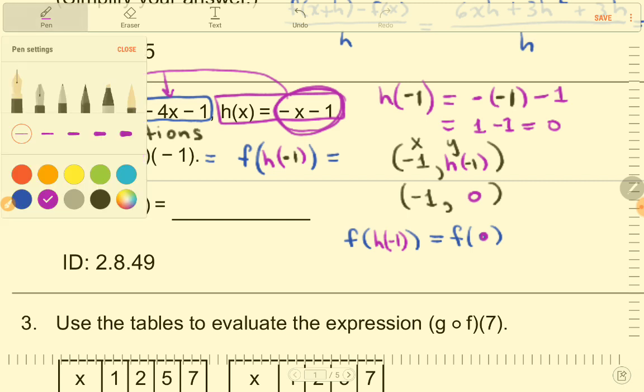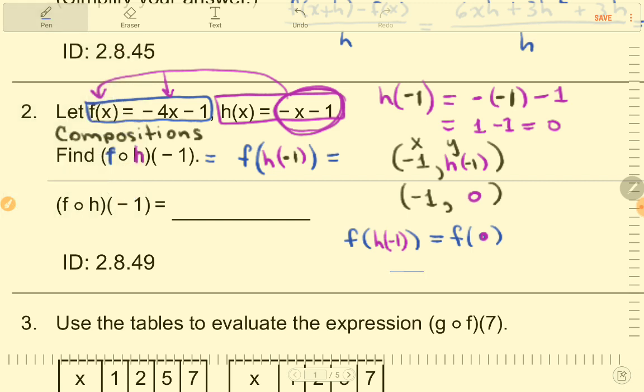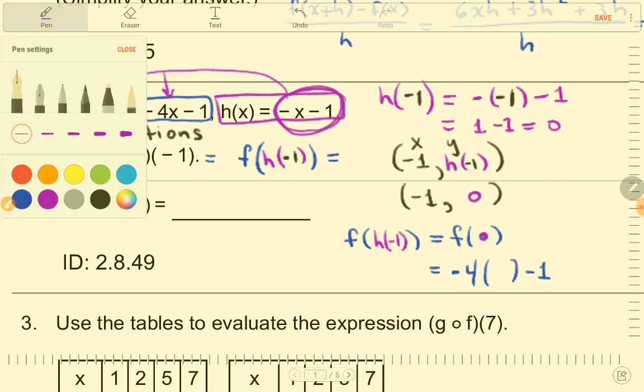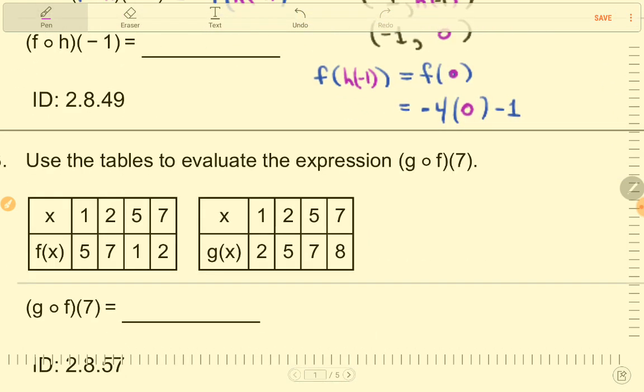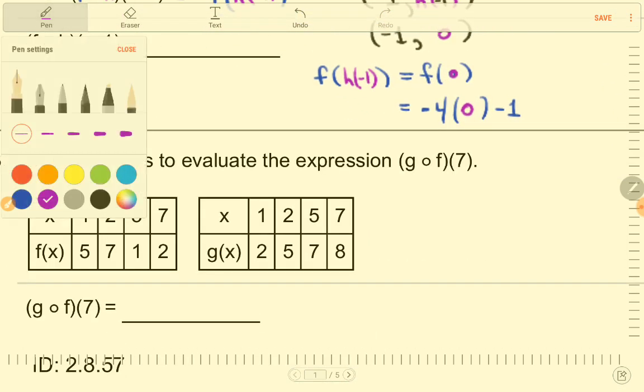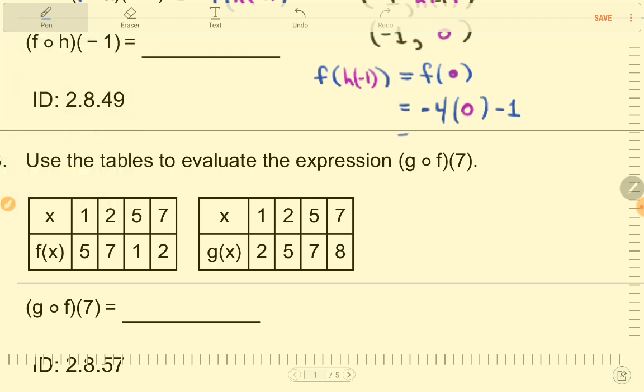And if I just copy down my f function, -4 times x minus 1, input x equals 0, and I get -4 times 0 is 0, 0 minus 1 is -1.